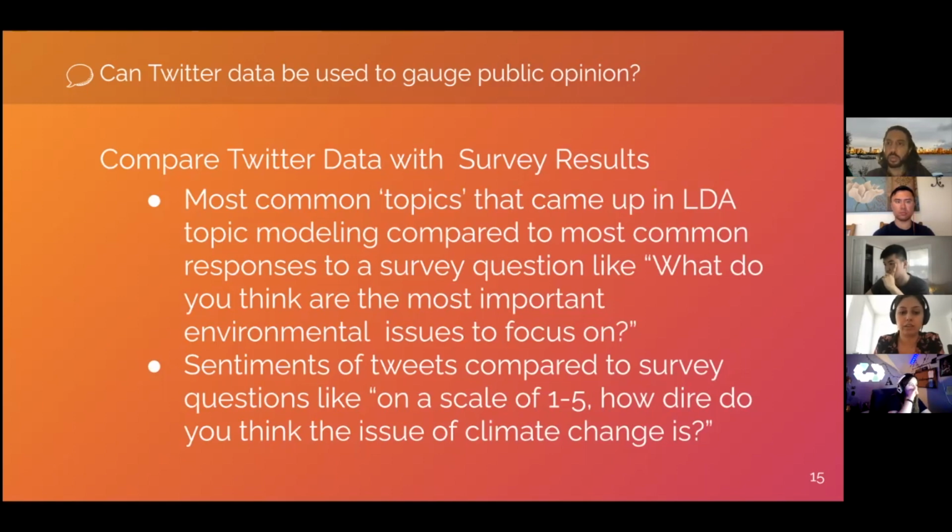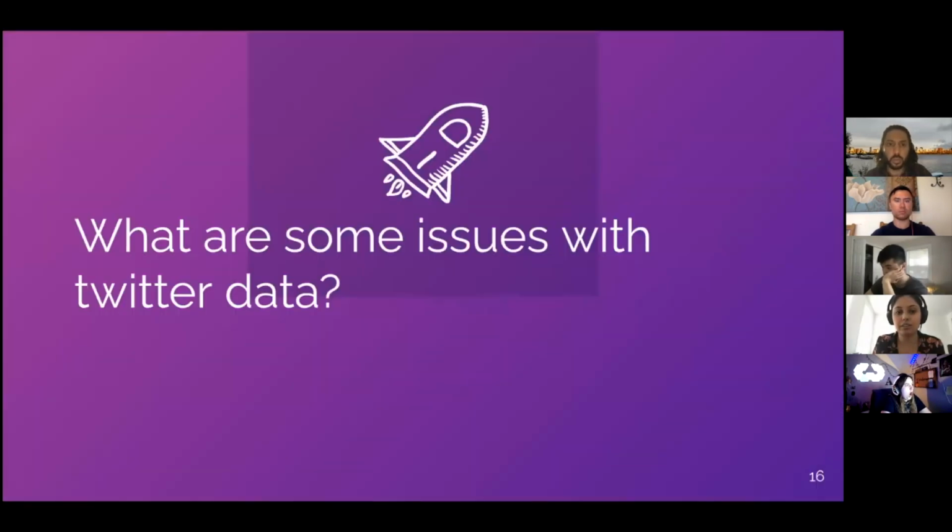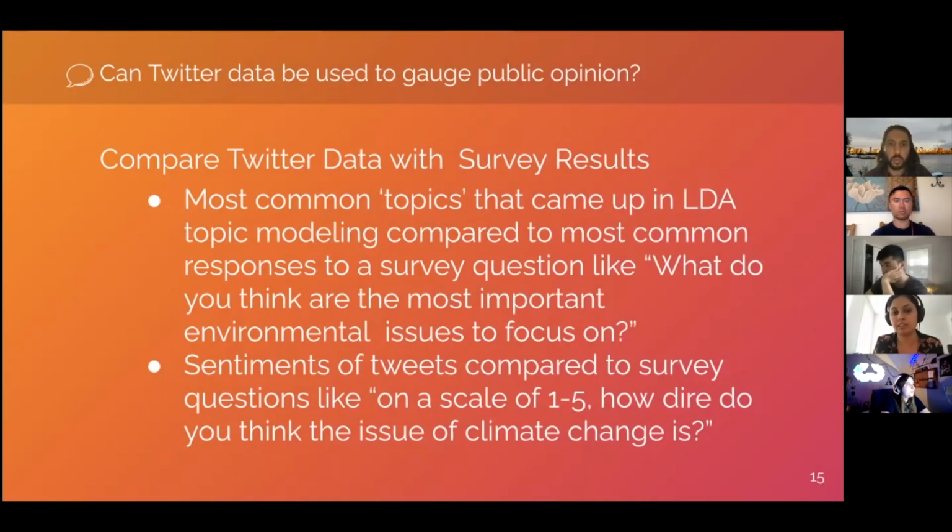And then we compared sentiments of tweets to survey questions that were more open-ended, like on a scale of 1 to 5, how dire do you think the issue of climate change is? Of course, this was not a perfect comparison for many, many reasons. It's really hard to compare what you get out of Twitter to a survey response.